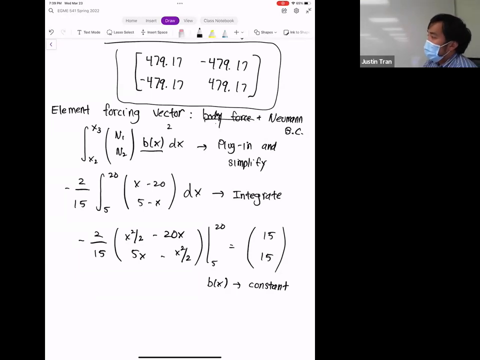For the cases where the body force is variable, that will give you a variable f vector. But since the body force here is constant, it makes sense that our f vector here is also constant as well. Okay. Any questions on this?